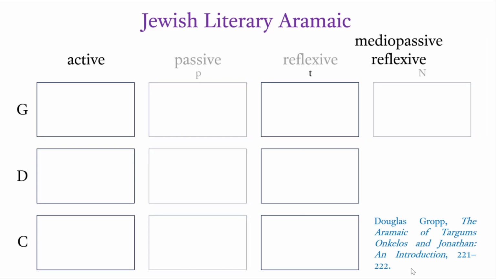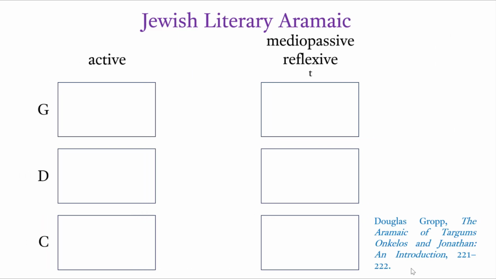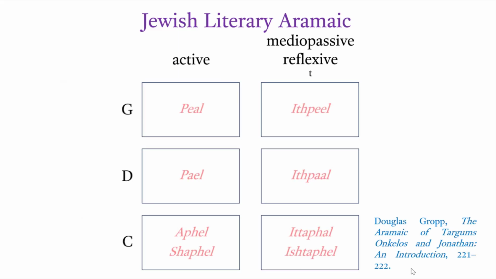Well, there's a simplification by this time where the mediopassive reflexive stems take over the function of what had previously been set aside, special passive stems, such that, in fact, the TG, TD, and TC stems here actually represent passive more often, it seems, in the text than their original, so to speak, reflexive sense.